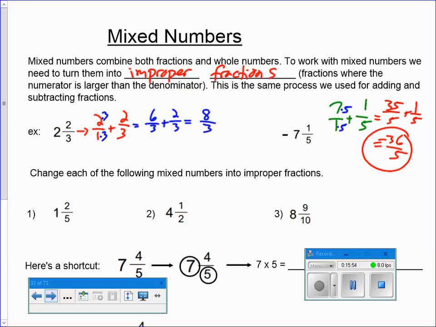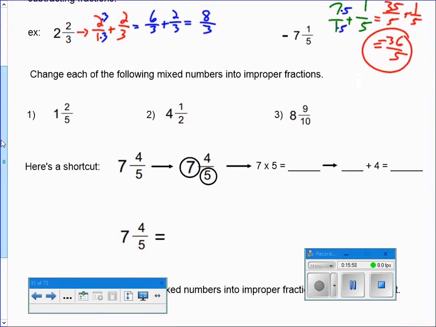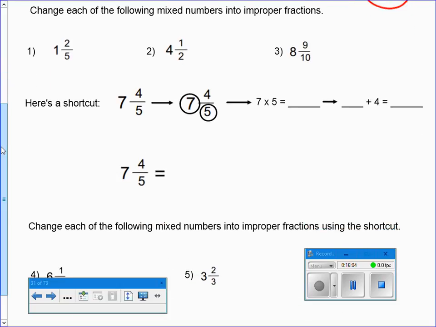There's also a shortcut you can do to make this process go a little faster. Alright, so what we can do is take the whole number, multiply it by the denominator, and then add the numerator. So in this case, I'll multiply 7 by 5.